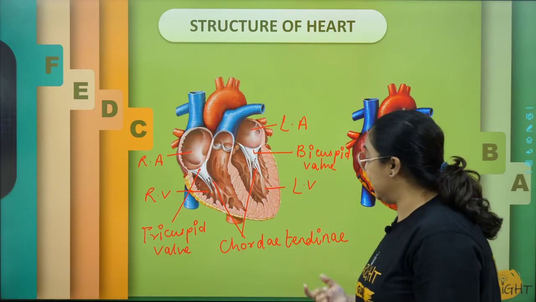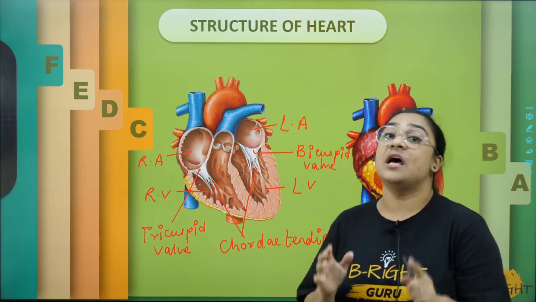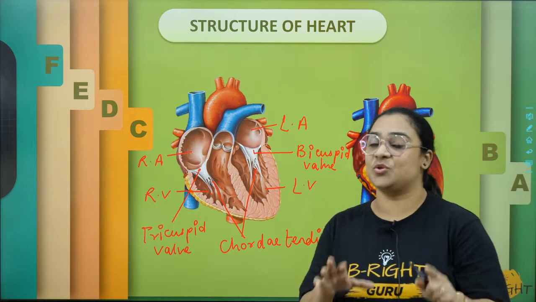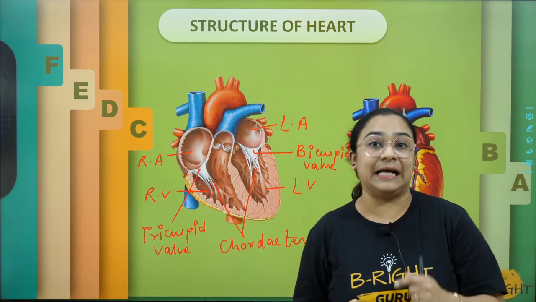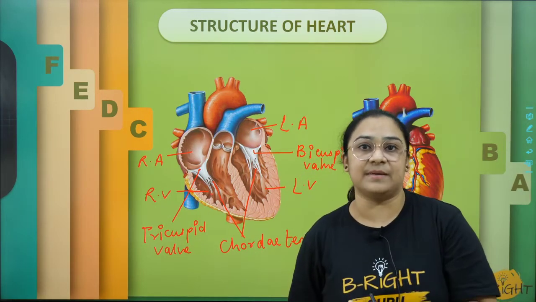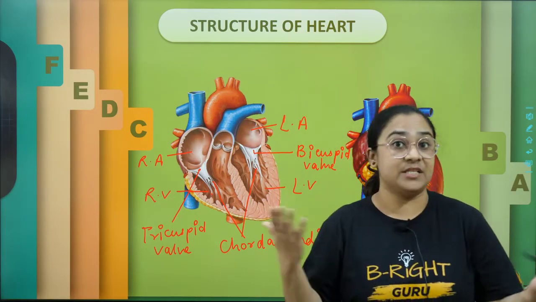Once again I'll repeat: these chordae tendineae are tendinous cords which are attached to the flaps of atrioventricular valves, and they are arising from the papillary muscles of the ventricular walls. What will the function be? It's very simple.